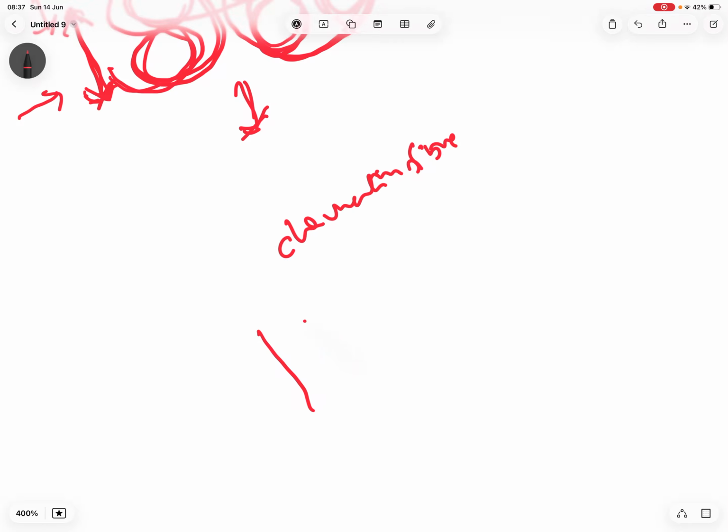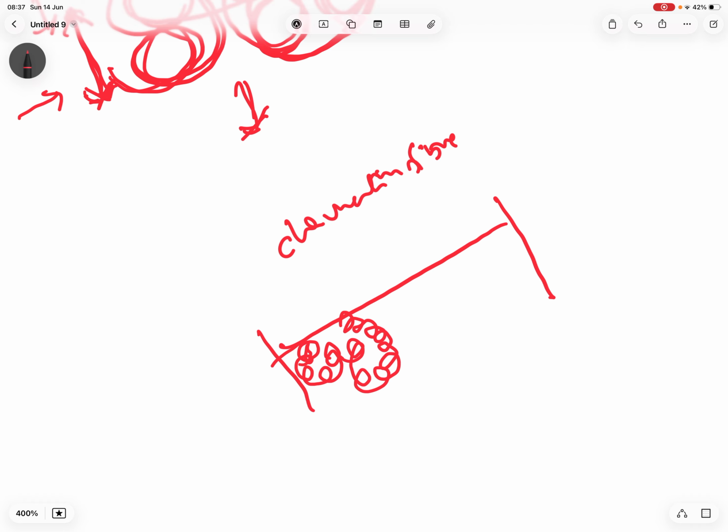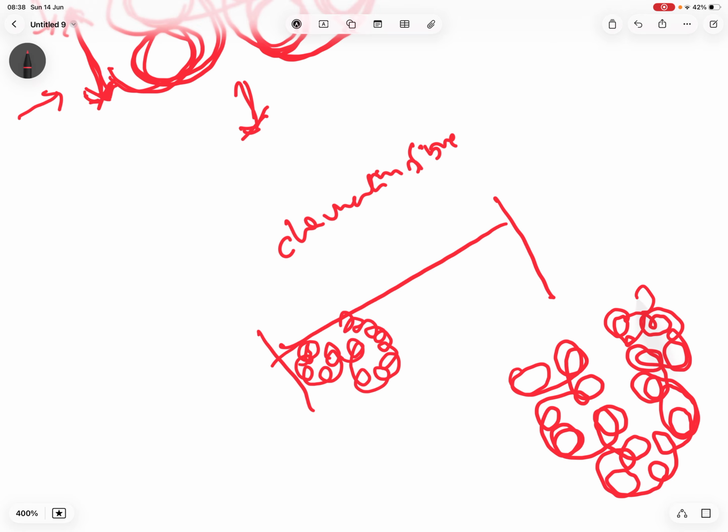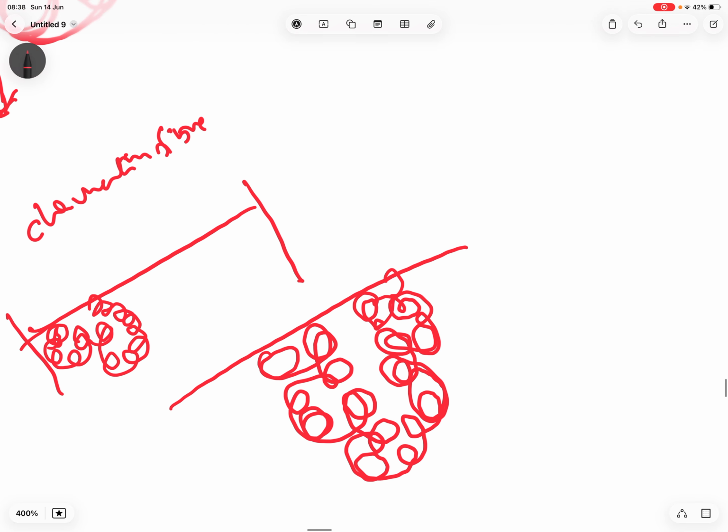For example, imagine a cloth line where we use clips to hang the cloths.